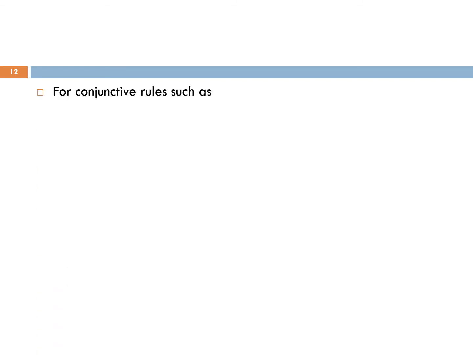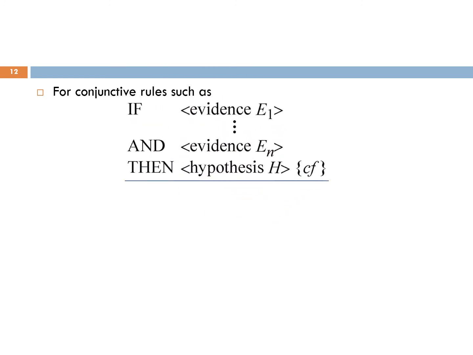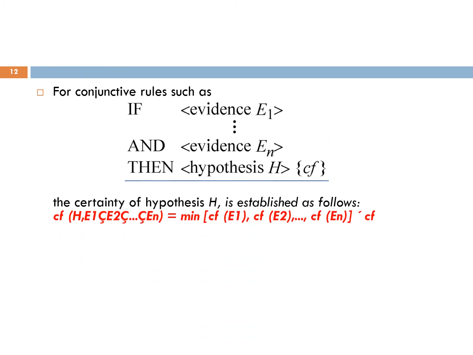For a conjunction rule, okay, we have a conjunction rule with AND, we have the first evidence, second evidence, and all the evidence that we AND together with the hypothesis. Then how do we calculate the certainty factor? The certainty factor of the hypothesis is established as below.